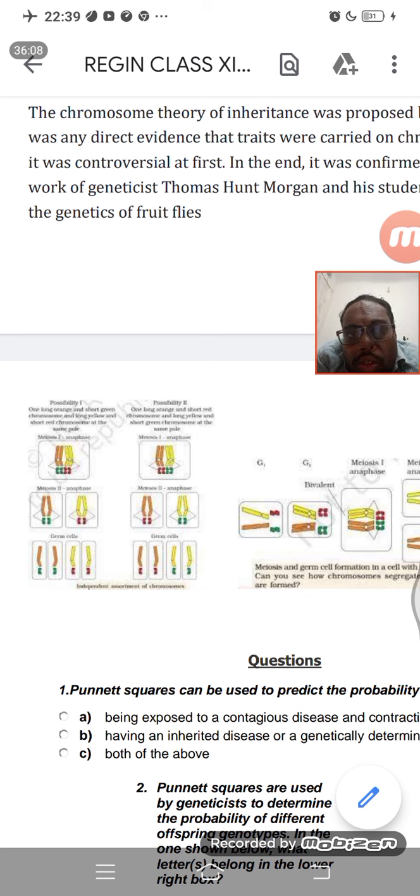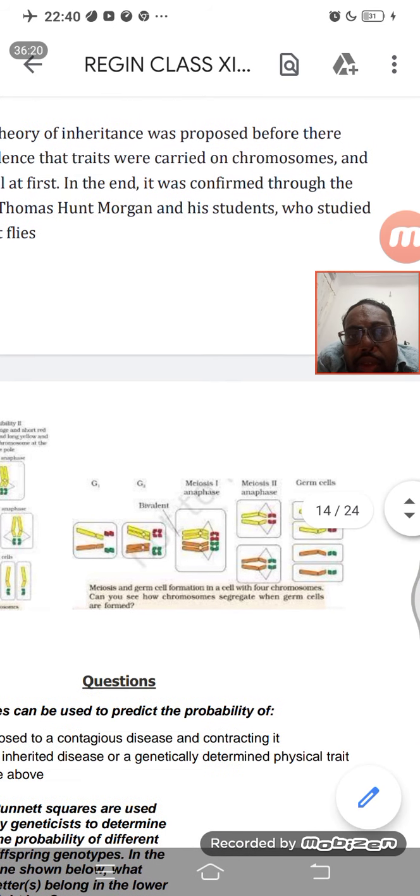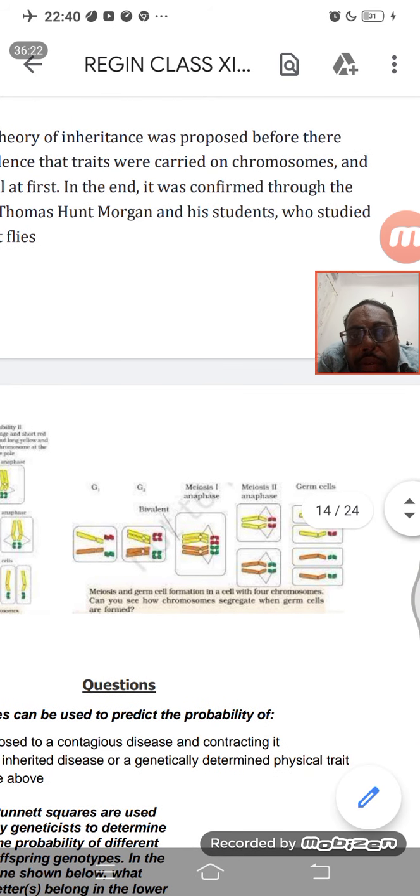That means the chromosomes will be divided, two into 1 and 1. Each has the capacity for mixing. They will be independently assorted after meiosis, or otherwise in meiosis 2 they will cross over each other, and it may give a different rate. That's all the chromosomal theory of inheritance is.